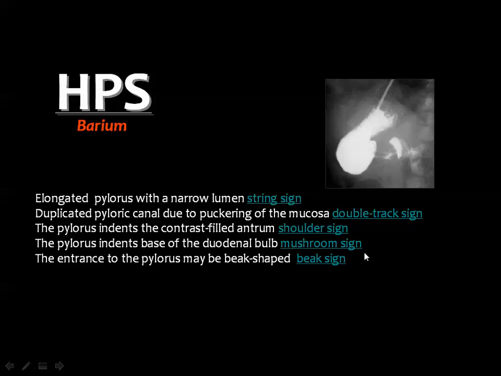The mushroom sign describes this appearance, which simulates a mushroom, and the beak sign appears whenever the barium is obstructed here, resulting in a beak-like configuration before it can pass the stenotic segment to opacify the pyloric canal and the duodenum.